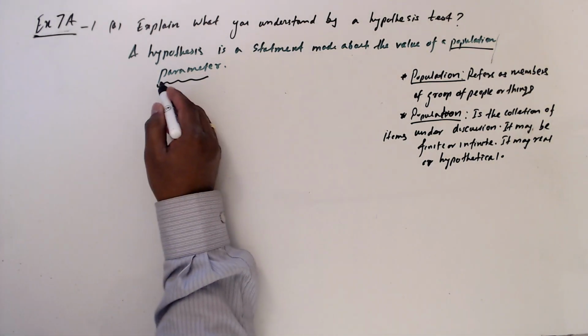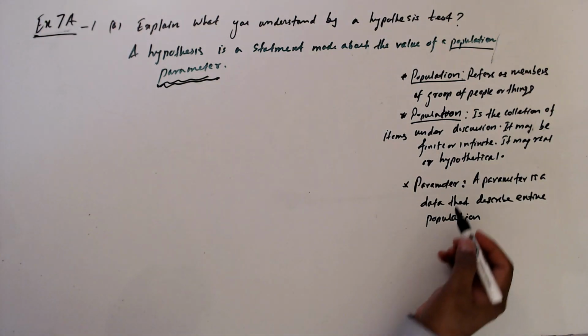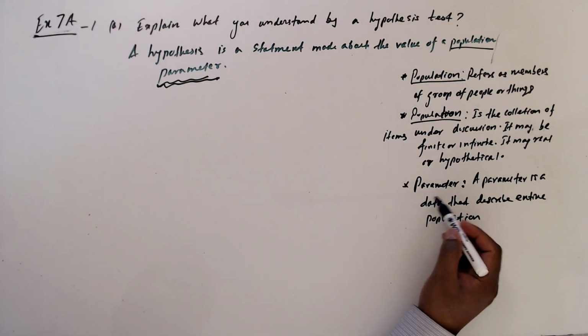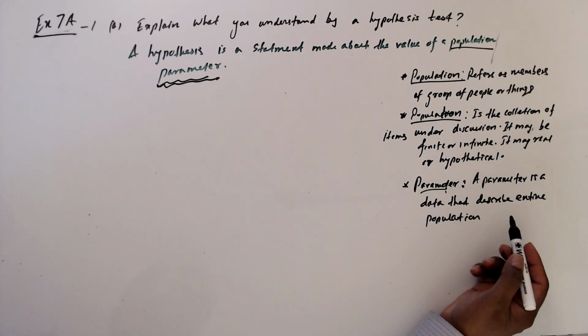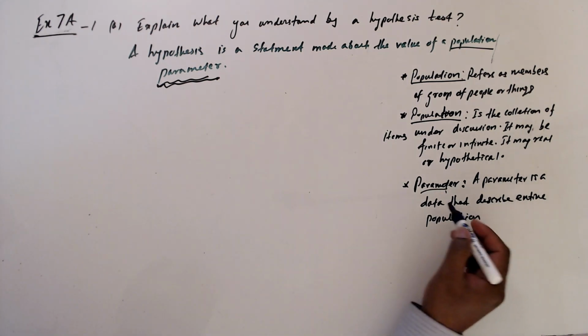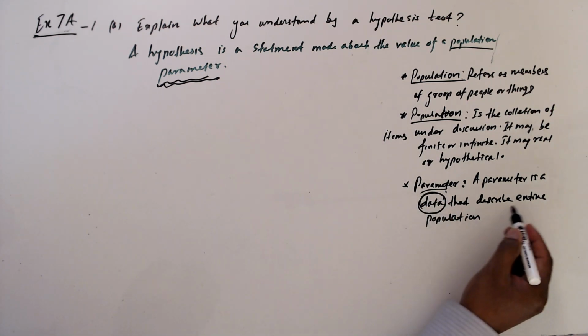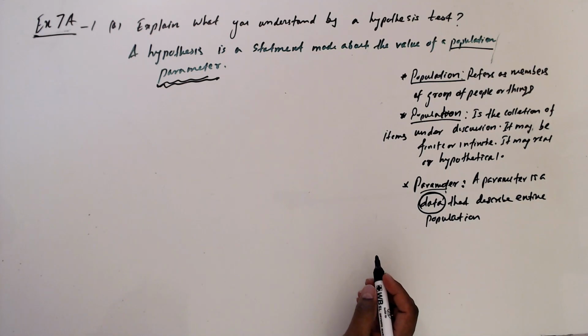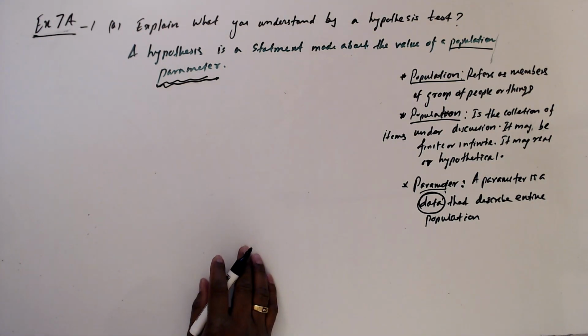Then what is a parameter? A parameter is a data value that describes the entire population. Do you think that you can think about a data value like that?